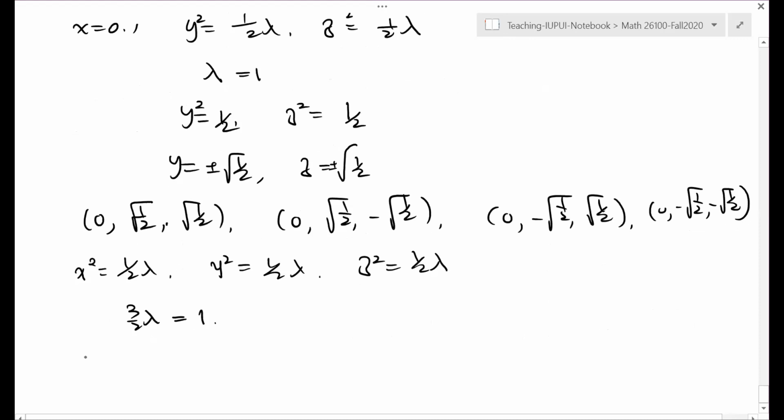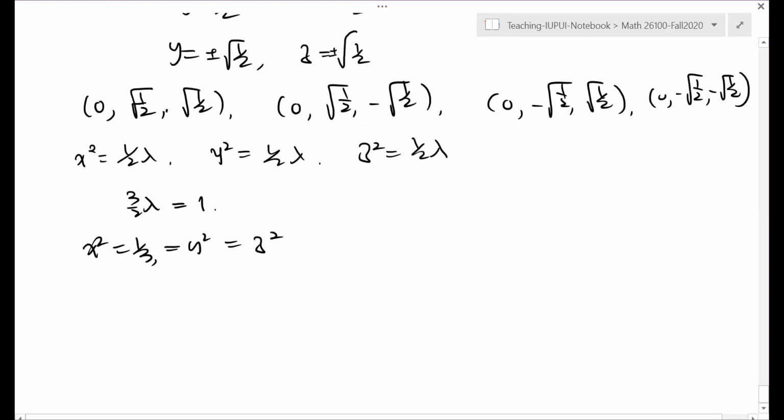That means x squared equals 1/3, and that is y squared, that is z squared. So x equals plus minus square root of 1/3, y equals plus minus square root of 1/3, z equals plus minus square root of 1/3. And then you have 8 points.